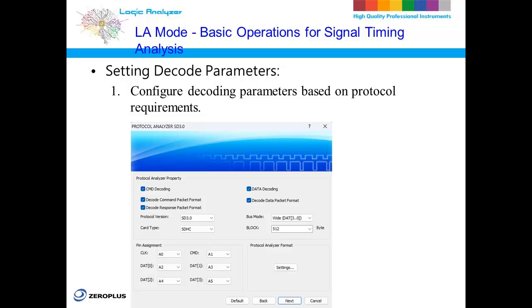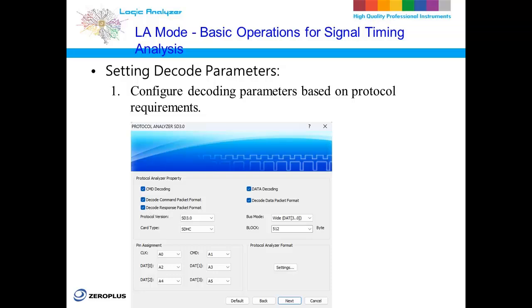Here's a detailed explanation of how to set the decoding parameters. First, you need to configure the decoding parameters based on the protocol version, transmission format, and data length used by the device under test. A common data length is 512 bytes. Next, set up the decoding options by selecting the items you want to decode, such as CMD decoding or data decoding.